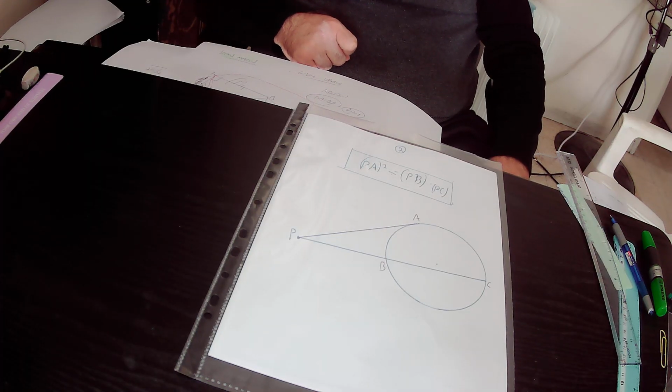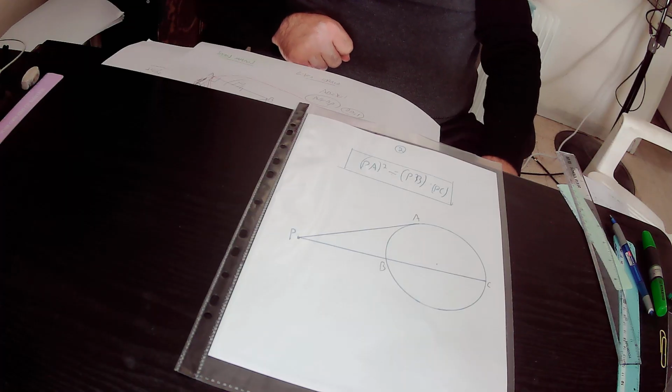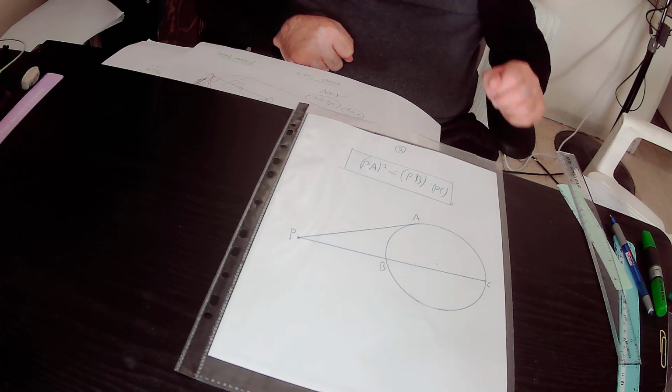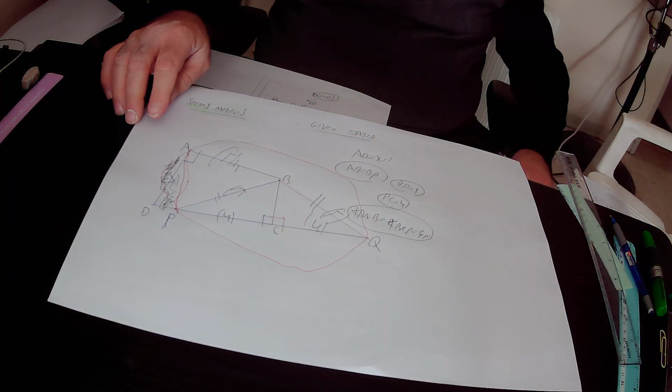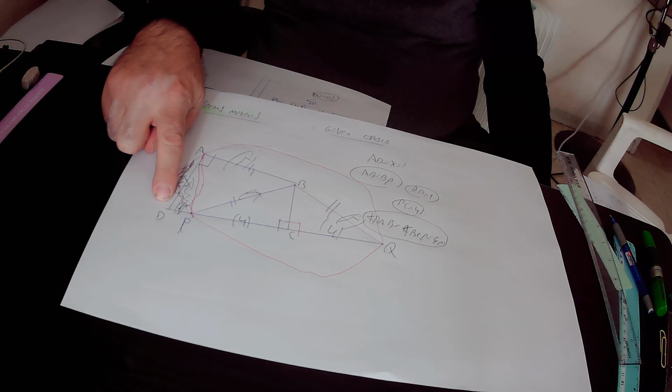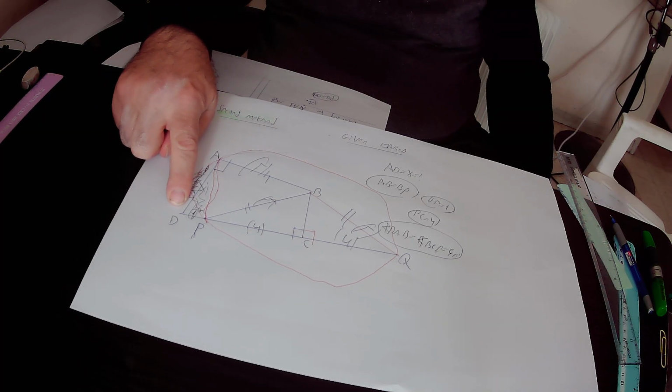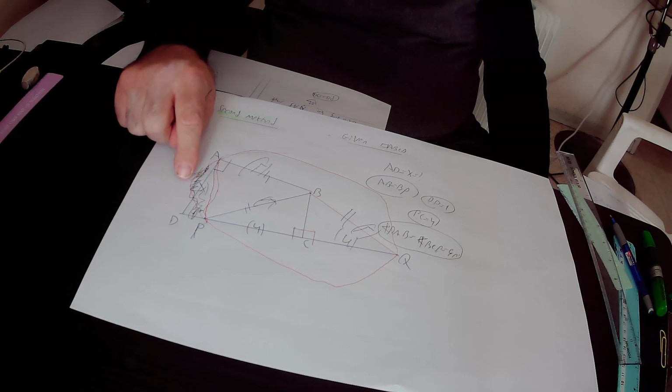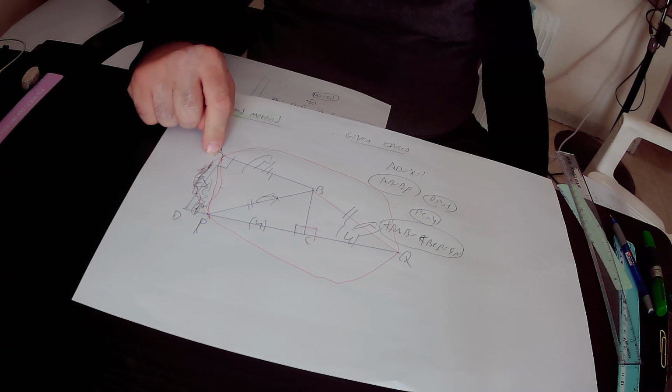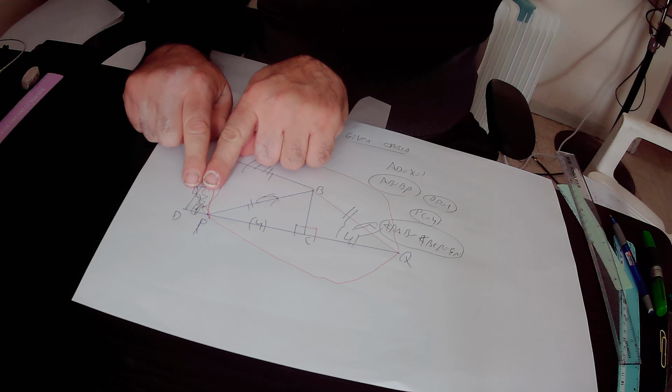Okay, so we can implement the tangent secant theorem in our drawing. Why? If you focus on this common external point D, we have tangent DA that is tangent to this circle at point A. Likewise, we have secant DQ.